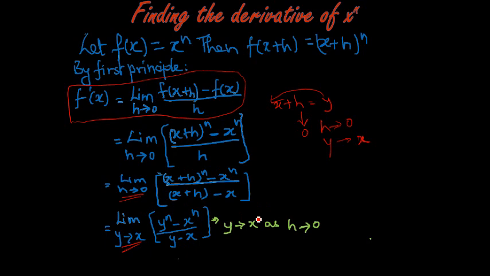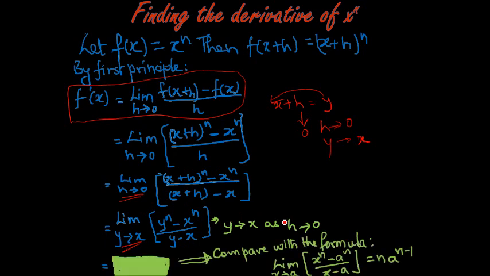Now, how does this look? This looks like the limit x tending to a of x power n minus a power n over x minus a, which we have done in the video on limits. The answer for this is n a power n minus 1. This is similar to this limit, only that there is a difference of y in the place of x and x in the place of a, and the limiting condition is y tending to x, which is x tending to a here.